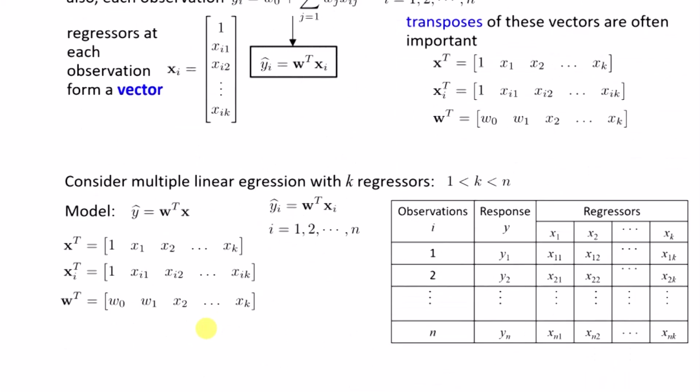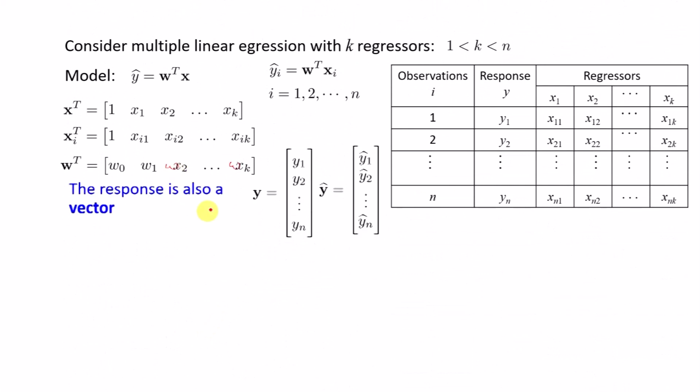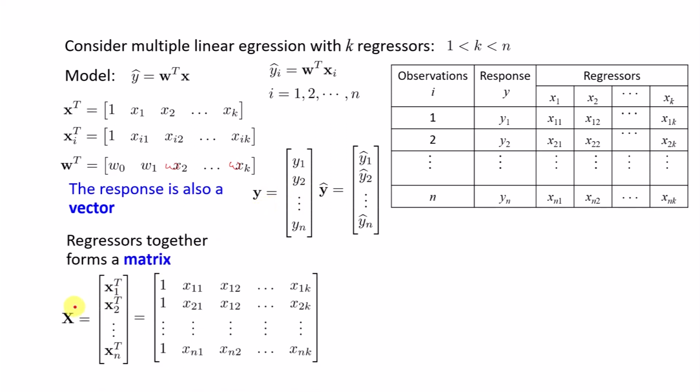All right. So now we also see that the responses are also vectors, exactly the way we have defined before. And then we create this X matrix. Earlier this X matrix was only 1 and the first column, but now I have so many regressors, k regressors, so it will go all the way up to k.